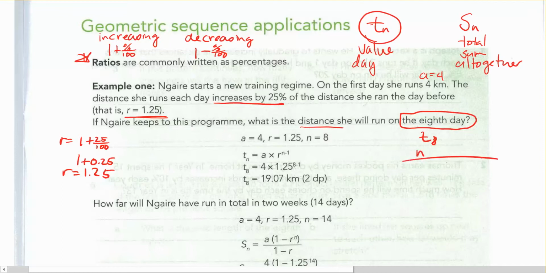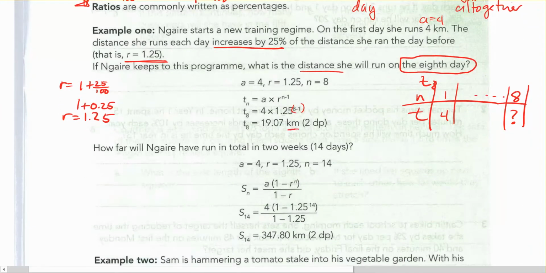So again, to diagram that out, if you're more familiar with it that way, we have first day is 4. We're looking at here, on day 8, how far is she going to run? So plugging it in, making sure you use brackets around the 8 minus 1, or just avoid the brackets by putting in 7, doing the 8 minus 1 in your head, and you'll be okay. And watch out for units especially as well.